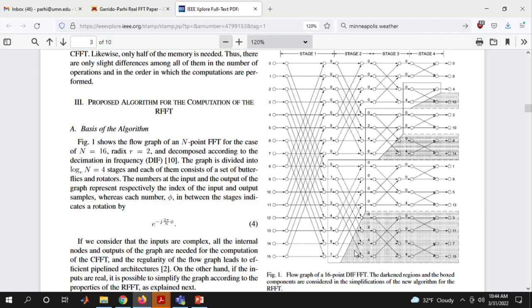Backtrack to stage 2, and we see that 4 half butterflies can be thrown out. That means this whole thing, which had 4 complex butterflies, now becomes 4 real butterflies. By the way, stage 1 is all real. All the signals are real, all the butterfly outputs are real, so there is nothing to throw out here, there is no imaginary part.